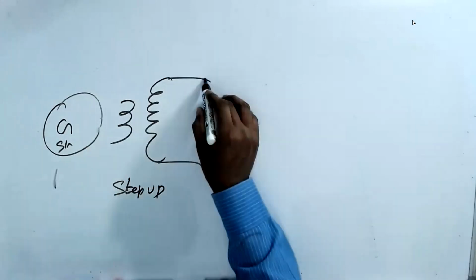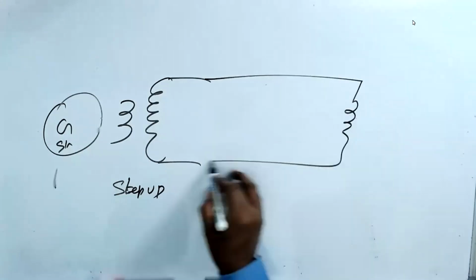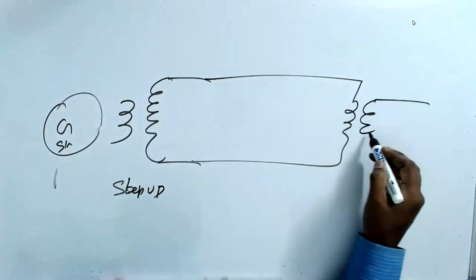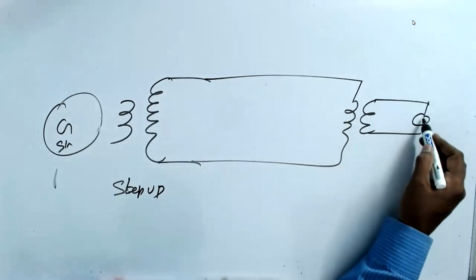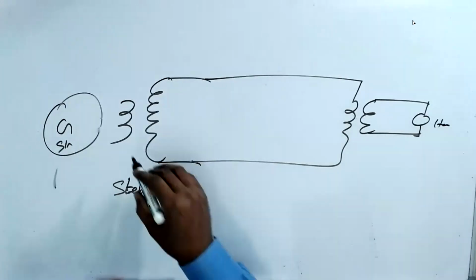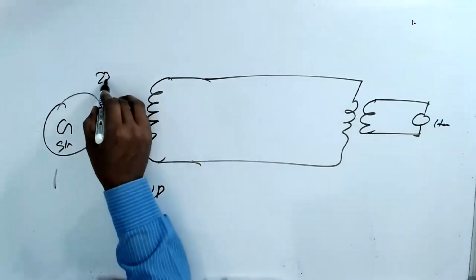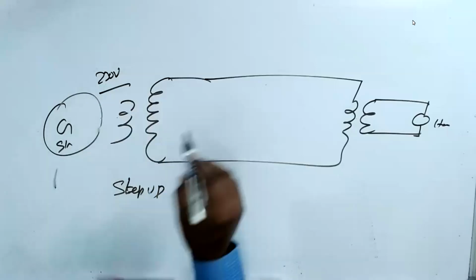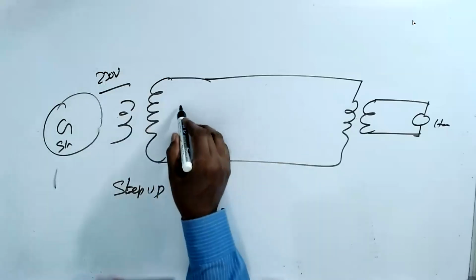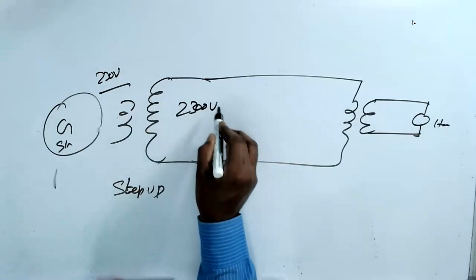And at your substation, they will step down and give it to you. This is your house. Let us assume that they generate 230 volts. And they step up to, let's say, 2300 volts.